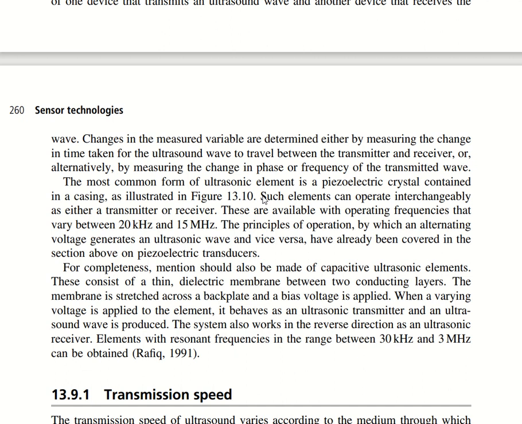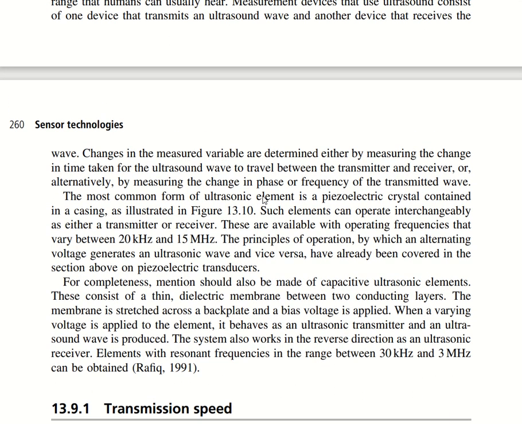So the changes in the measured variable are determined either by measuring the change in time taken for the ultrasound wave to travel between the transmitter and receiver, or alternatively by measuring the change in the phase or the frequency of the transmitted wave.